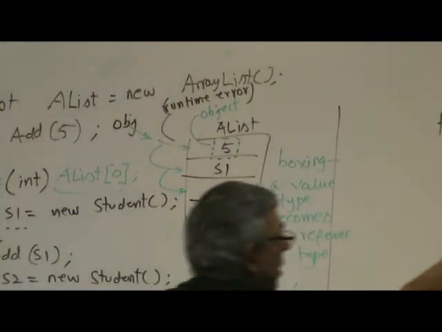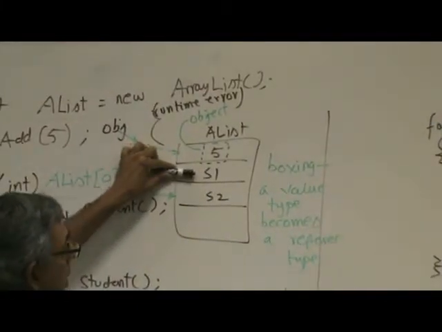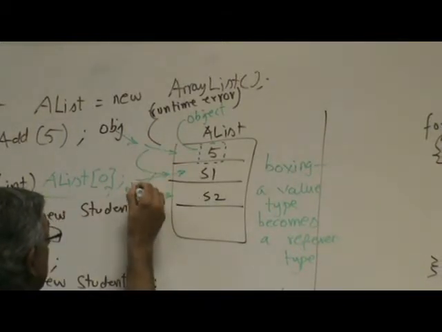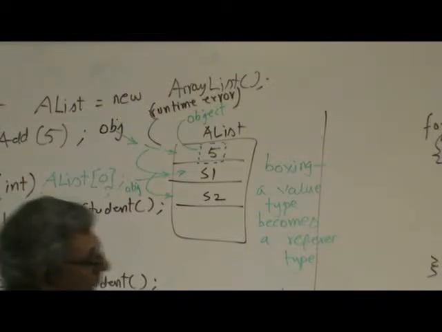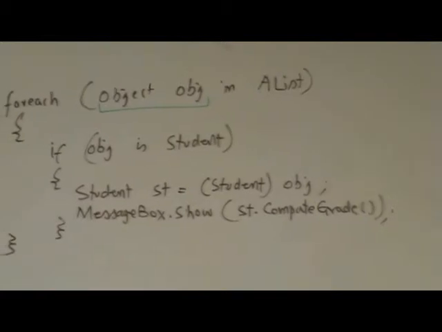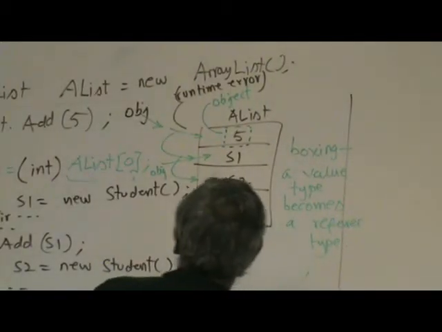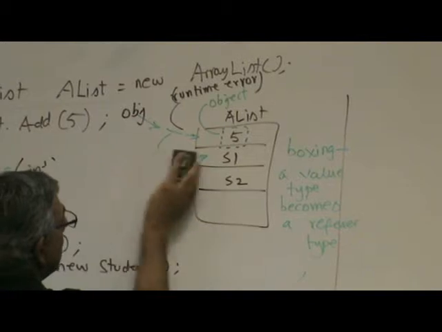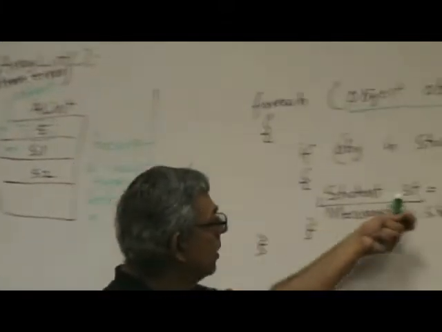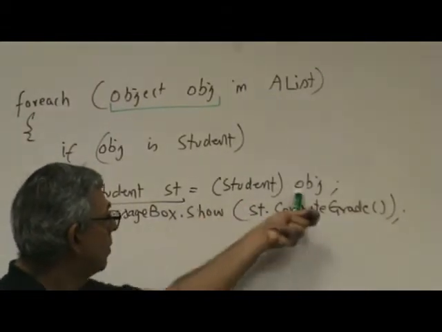So it will skip this part. The second time through the loop, obj is pointing over here. Is it a student? Yes. So obj is now pointing over here, right? We cannot say obj.computeGrade because the compiler will not allow us. So what we do is create another reference, student st, and make it point to the same place obj is pointing to.